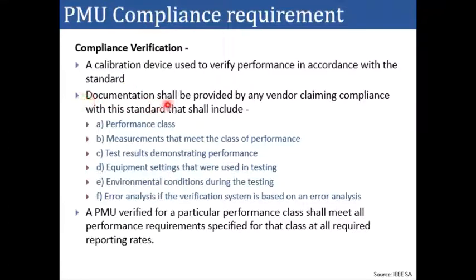The document provided by any vendor who is claiming compliance with this standard will include the performance class of the PMU, measurements that meet the class of the performance, test results demonstrating the performance, equipment settings that were used in the testing, environmental conditions which were used in the testing, and error analysis if the verification system is based on an error analysis.